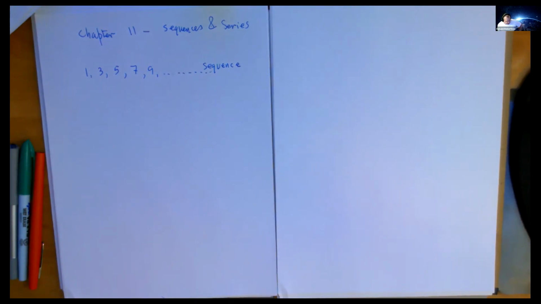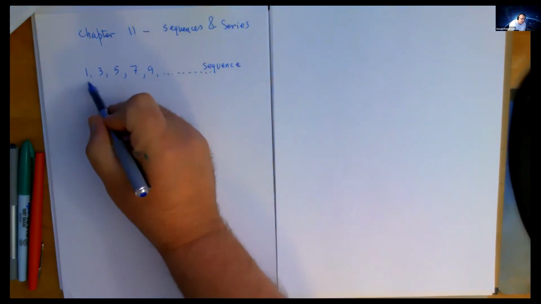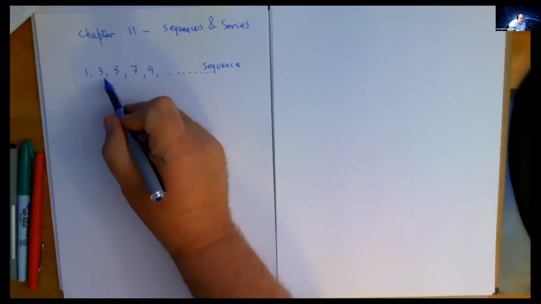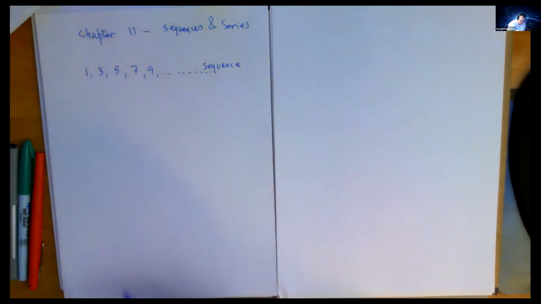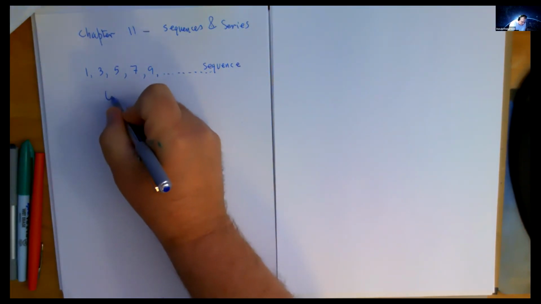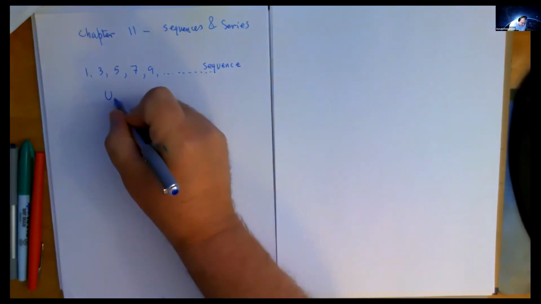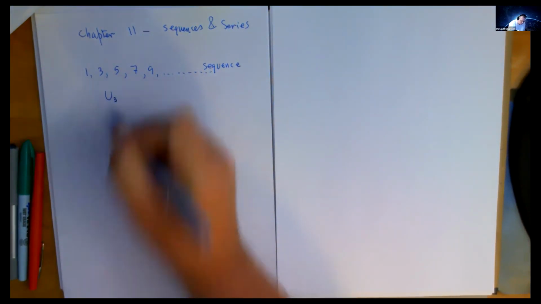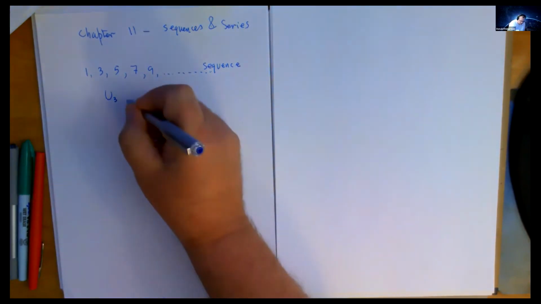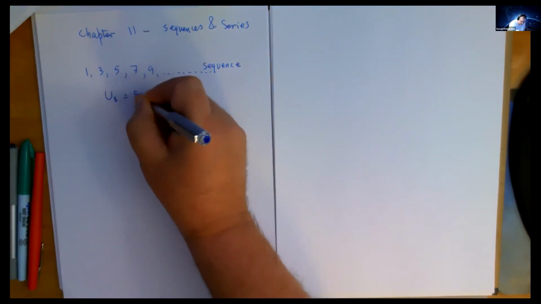When you have a sequence, this is obviously called the first term, this is called the second term, third, fourth, and fifth. For some reason better known to themselves, we tend to use the letter U with a subscript. So for instance, U3 in this particular sequence would be a 5.